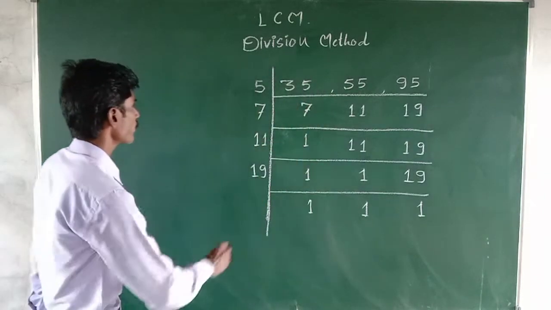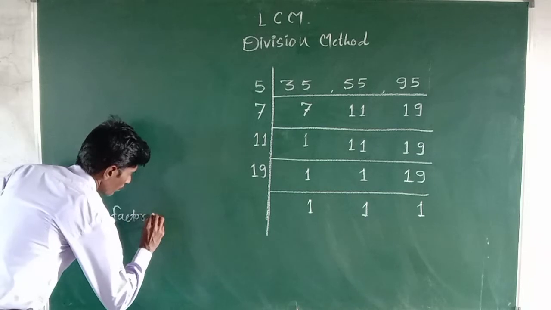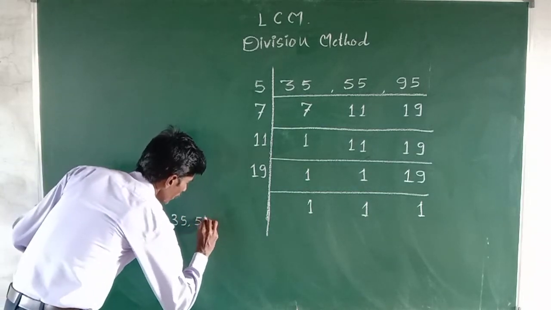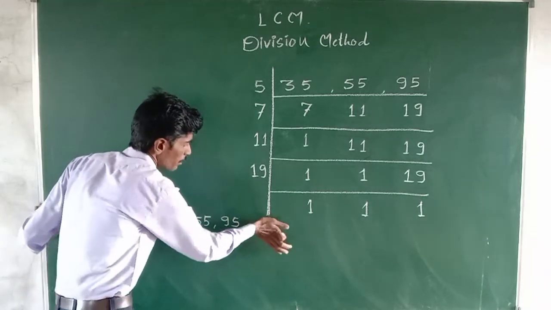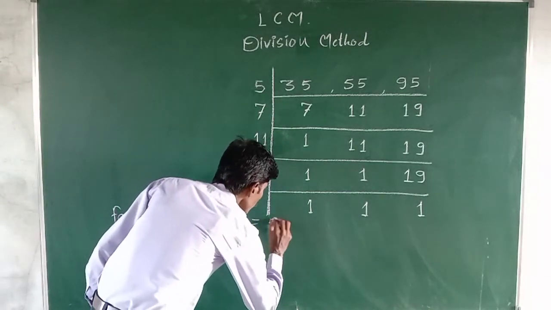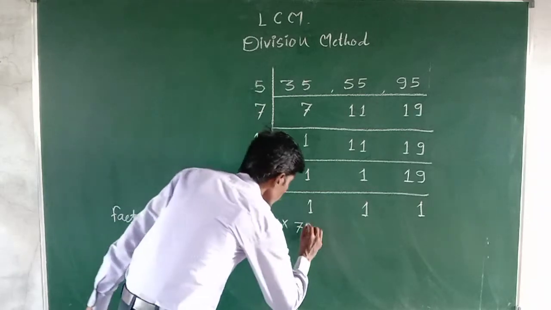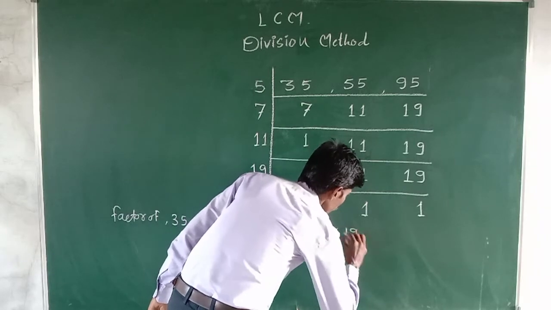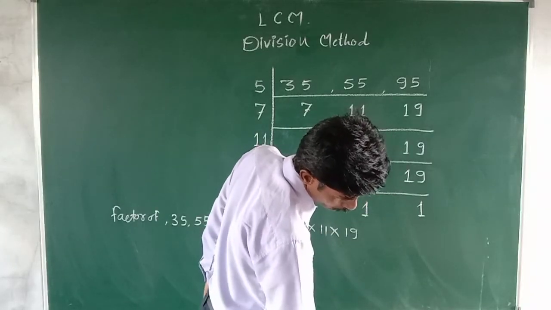So the factor of 35, 55 and 95 is 5 into 7 into 11 into 19.